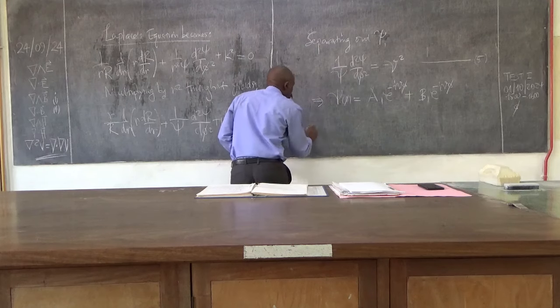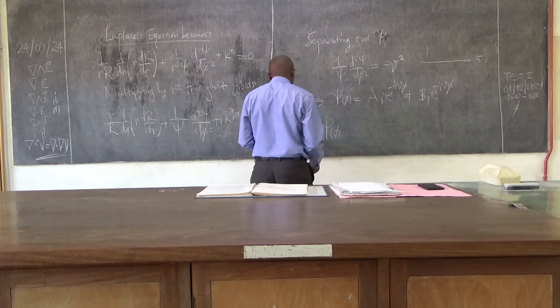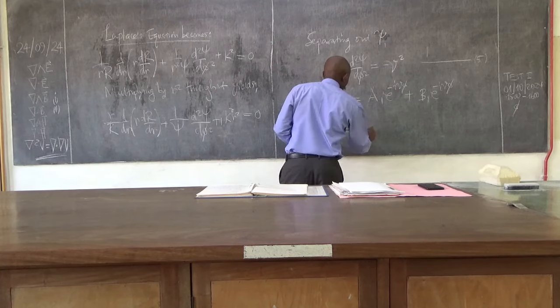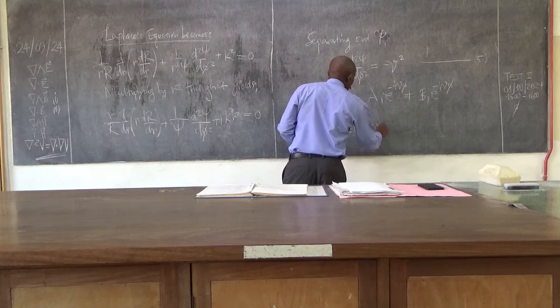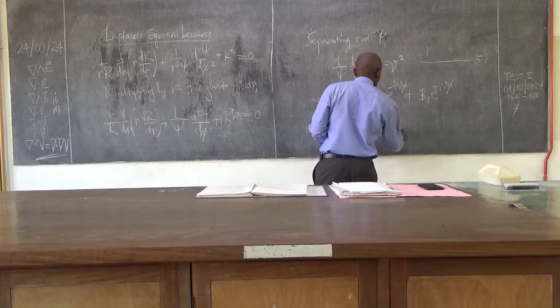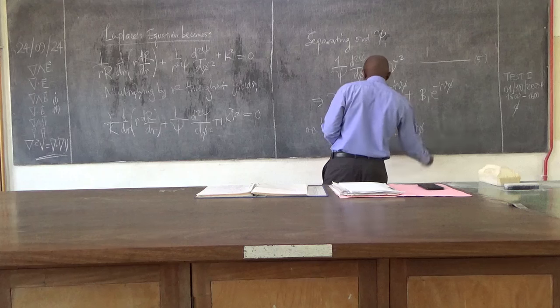Or you can write psi as a function of phi as c1 sine nu phi plus d1 cos nu phi.